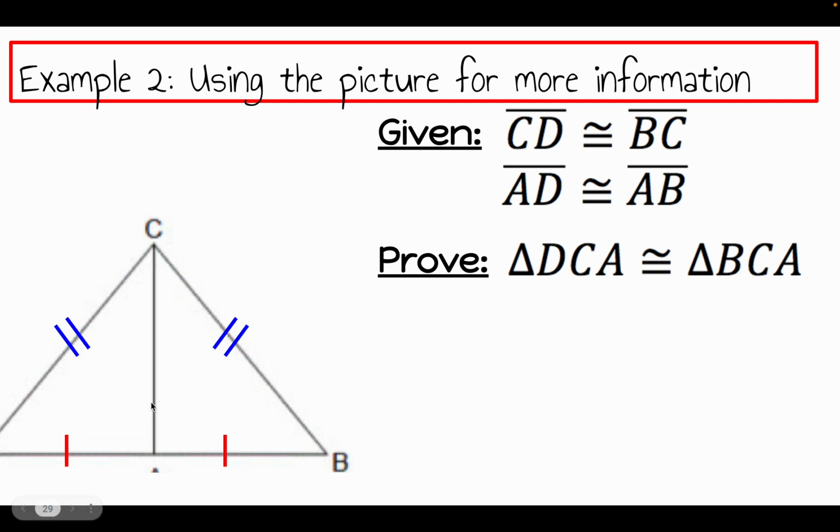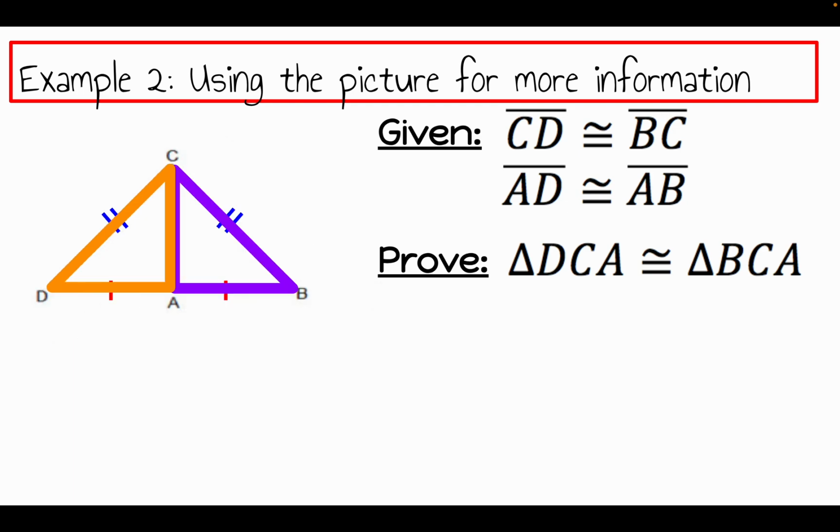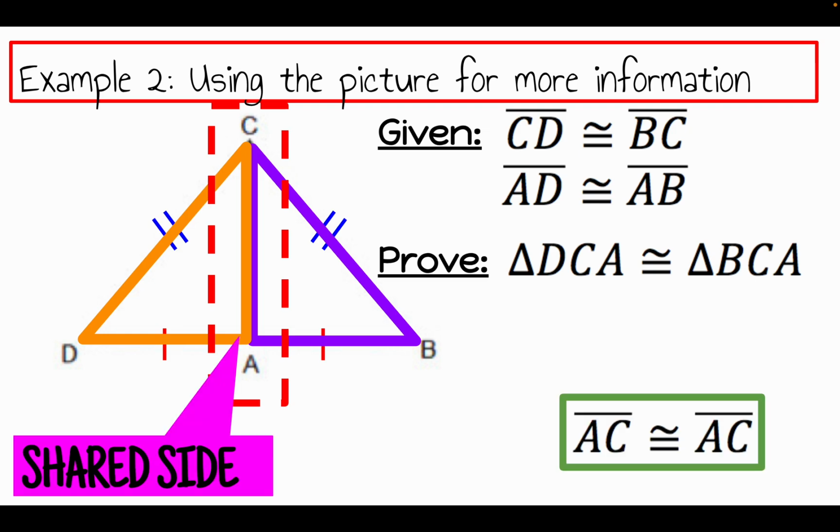Now, not all annotations will be in the diagram, so we are going to have to make some inferences. We see that the orange triangle and the purple triangle share the same side, CA. This shared side is CA, AC is congruent to AC, or CA is congruent to CA, same thing.